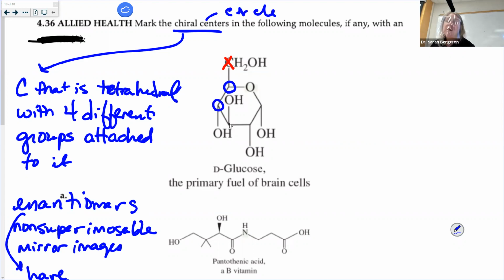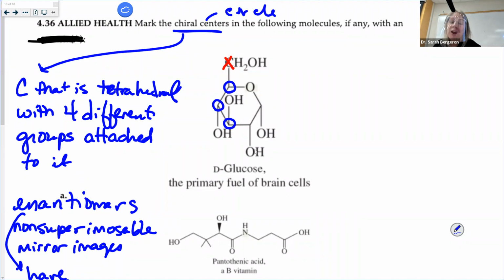Okay, go down to the next carbon. I have a hydroxyl. I have the rest of the molecule going this way. I have the rest of the molecule going this way. Is it the same? No, it's different. And what's my fourth thing that's attached to it? Hydrogen. So chiral or achiral? It is chiral. How about my next carbon?